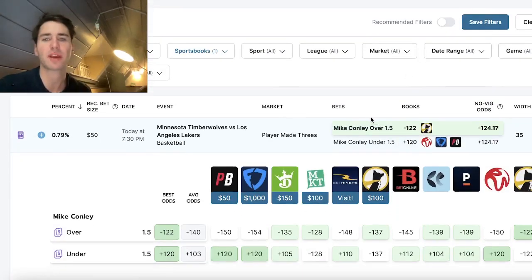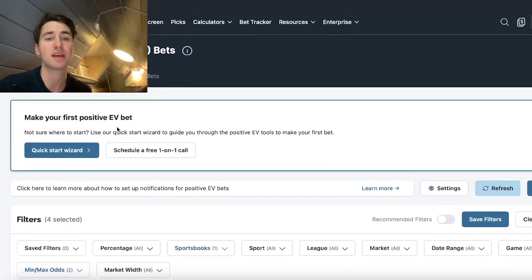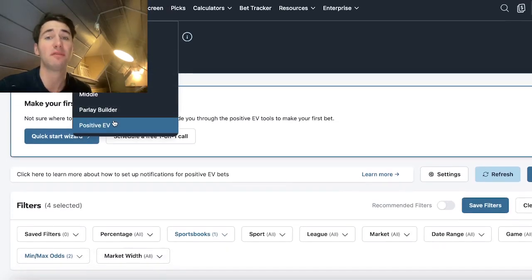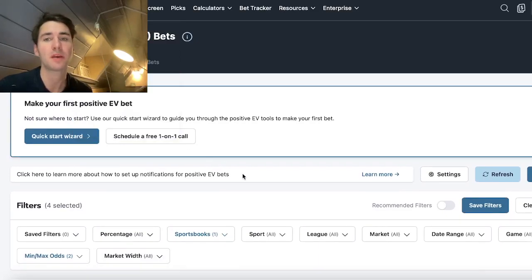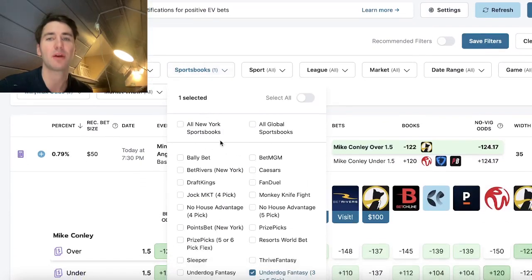Now my second play is right here. I'm on Mike Conley over 1.5 made threes. This plays from the positive EV tool on OddsJam. I say this all the time, but more sportsbooks means more profitable bets.